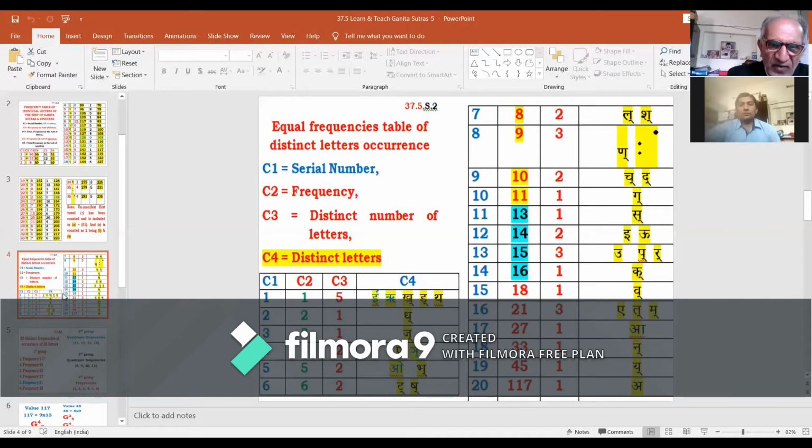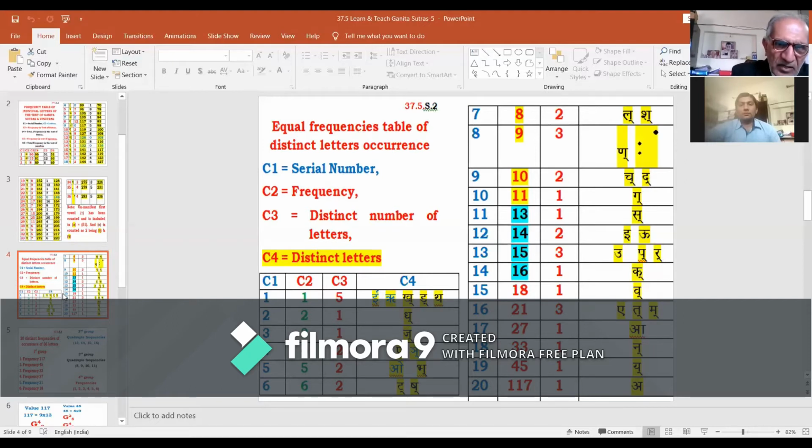As these 5 letters are occurring only once, they contribute and make a set of value 5 which is entered in column 3.